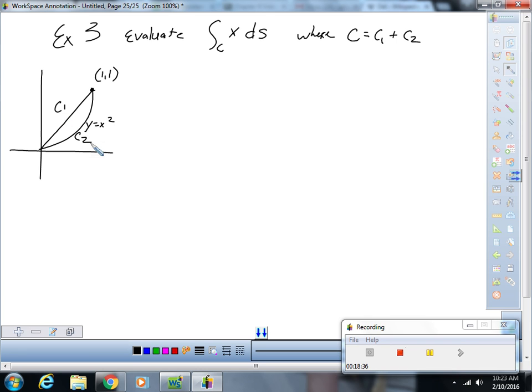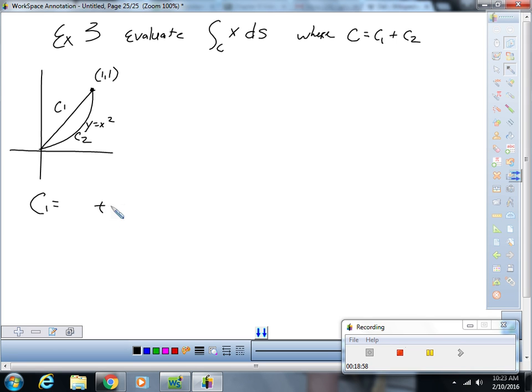And there's C1, and there's C2, okay? So what do we have to do first? Yes, we've got to establish some parameters. So for C1, I know I can do that one. C2 seems like it's going to be harder, okay?